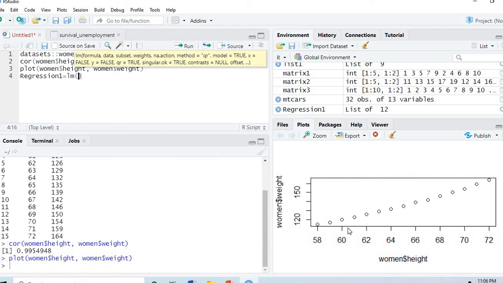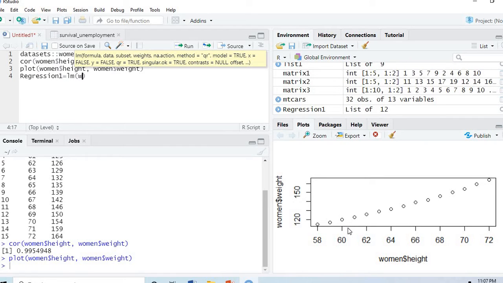The first vector always represents the dependent vector, and subsequent vectors represent the independent vectors. In this case, the weight depends on height. So weight is your dependent vector and height is the independent vector.